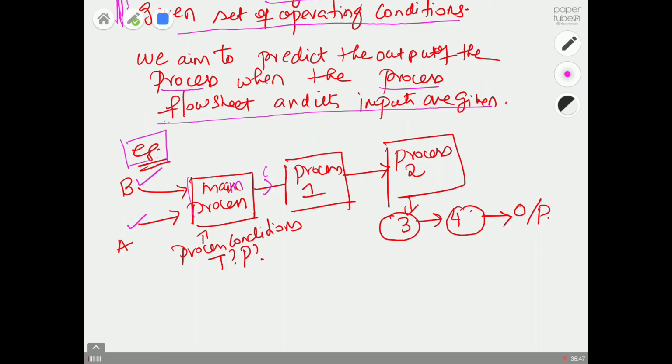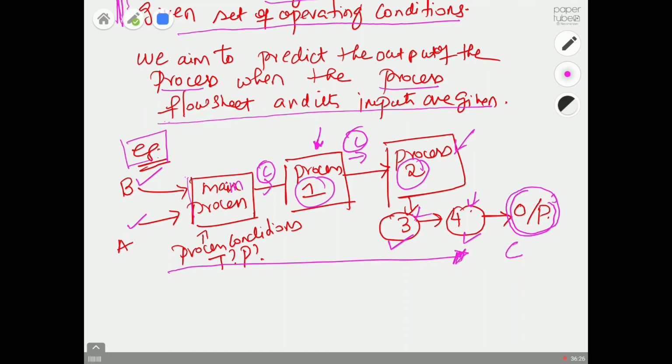Say we have C in the exit stream, and then it goes to process 1, process 2, process 3, process 4, and in the final output we get a purified product C. Process 2 may be converting one of your products back into C, and then here we may be separating the different components and impurities in the product, and finally we get a purified product. This is what your whole process flow sheet will look like.